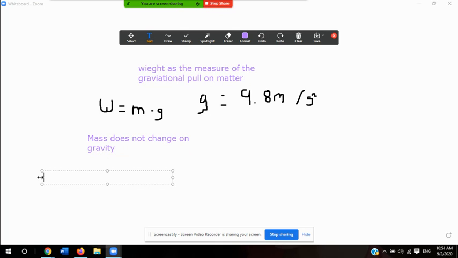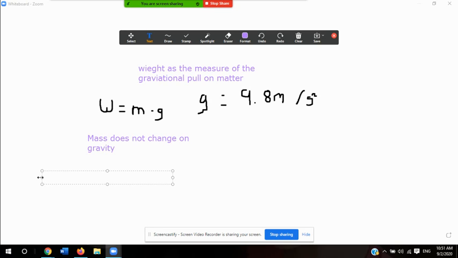But if we talk about your weight on planet Earth and your weight on Mars, obviously the weight will differ because the gravitational pull on Mars is different than on Earth. However, your mass would not change. Remember, mass is usually given to us, for large objects, in kilograms, and weight is usually given in pounds, although you can use kilograms as well.